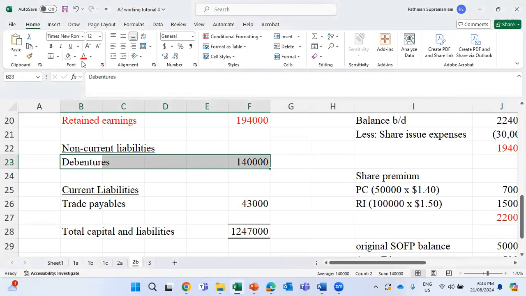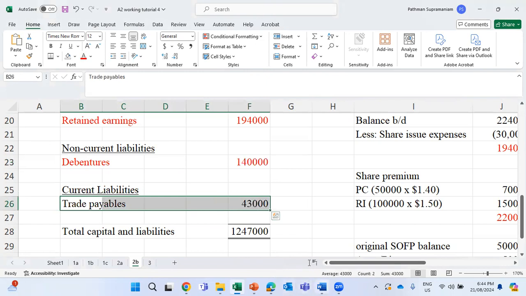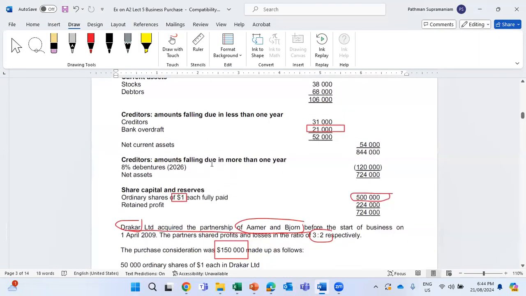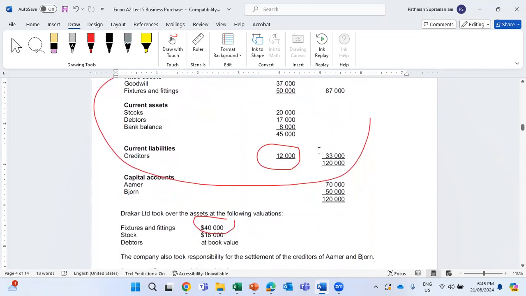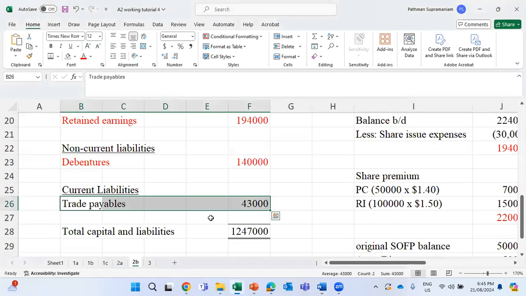Okay, so that's how we get 140,000. And finally, the trade payable is the buyer's original trade payable, which is 31,000 plus 12,000. So therefore, we get 43,000. So that's how we get the SOFP of the buyer.